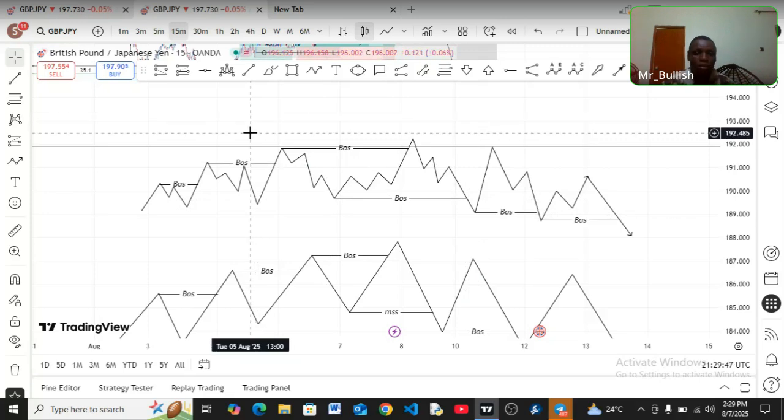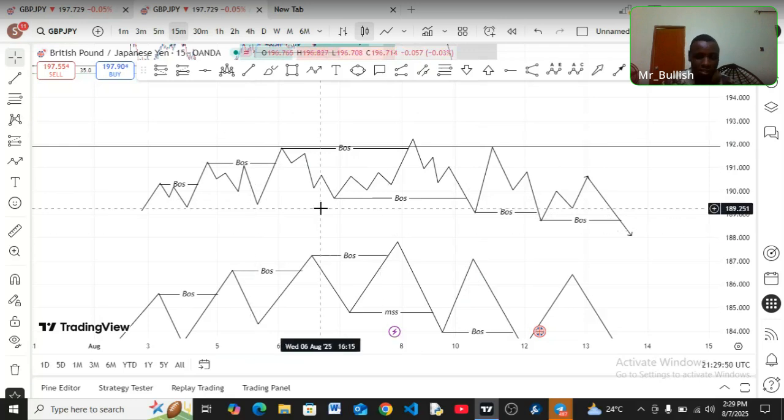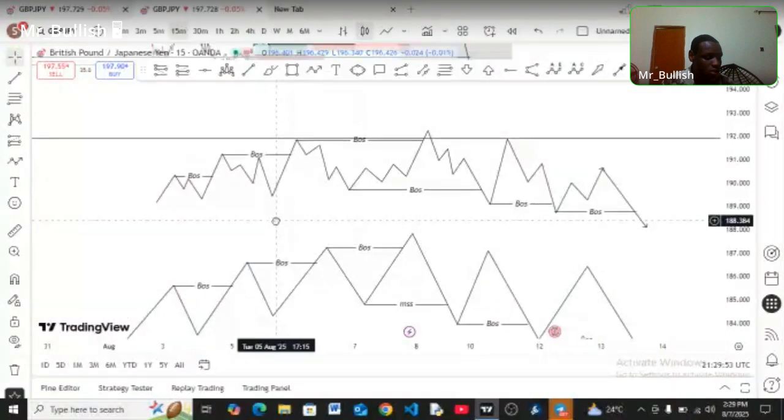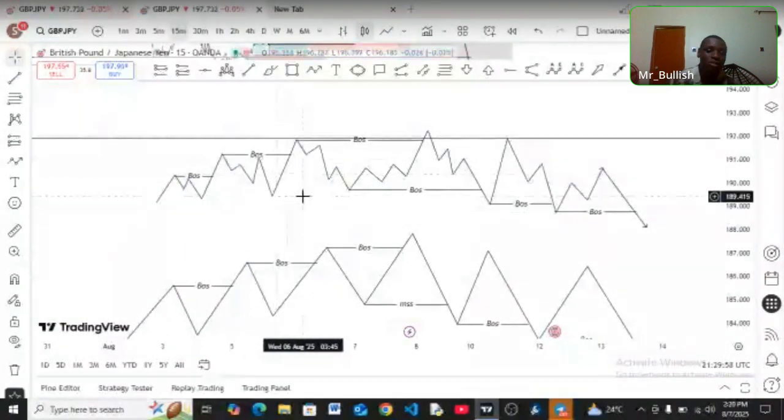Scalpers, these are the guys that don't have time. Yes, they can just do a quick trade, like 30 minutes, and they are out, either with their loss or with their profit. So these are scalpers. Now, to decide who you want to be is up to you, it's not up to me.